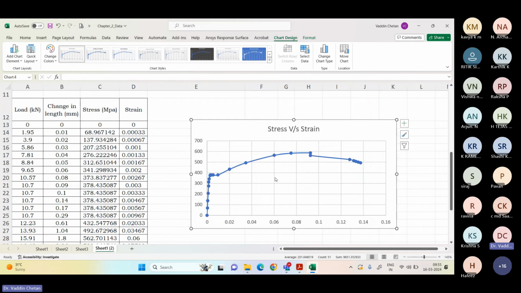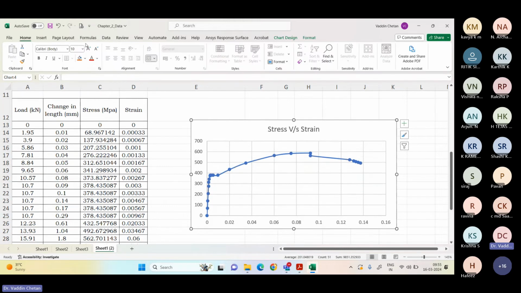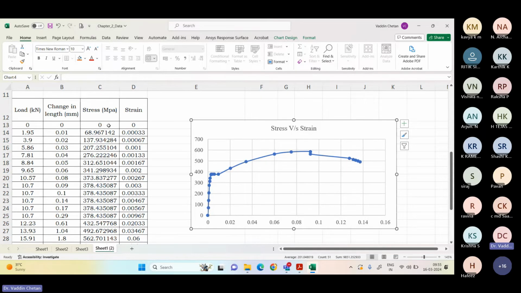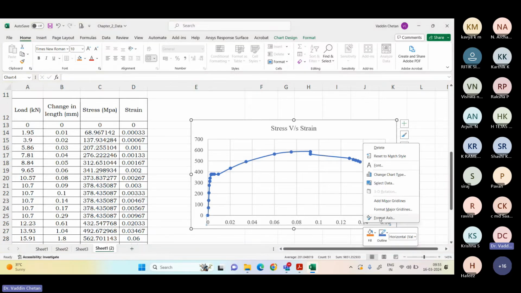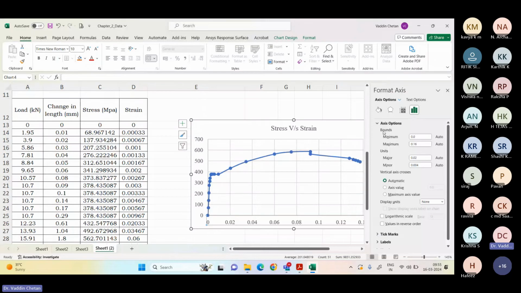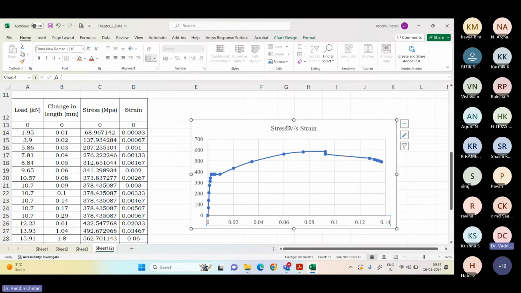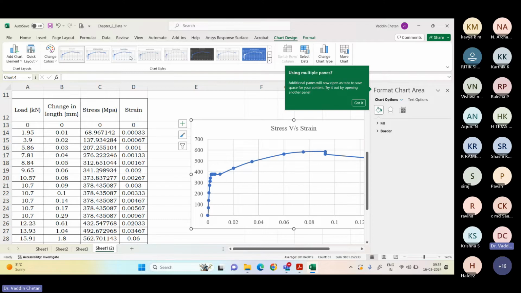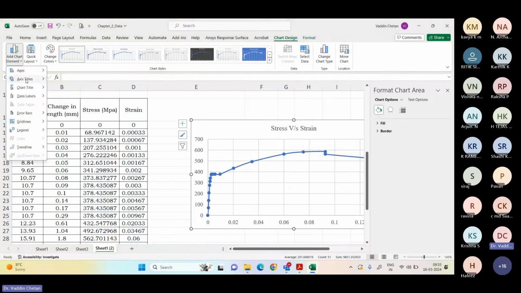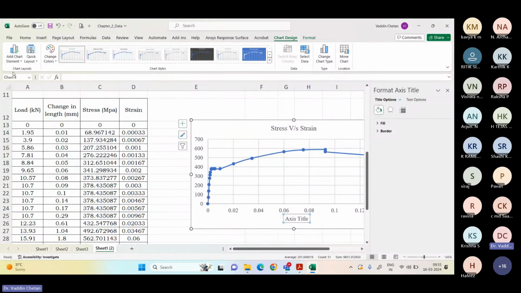So here you can go with the makeup part, that is, the beautification purpose. I don't need the axis to go till 0.86, so I can right click on that and go to Format Axis, and make it 0.4. You can double click on that and access the axis titles, primary horizontal.